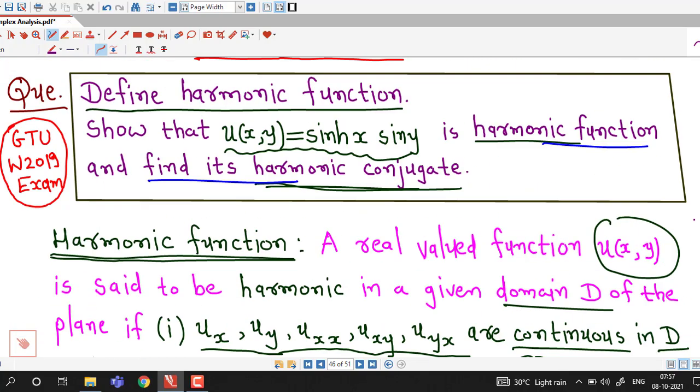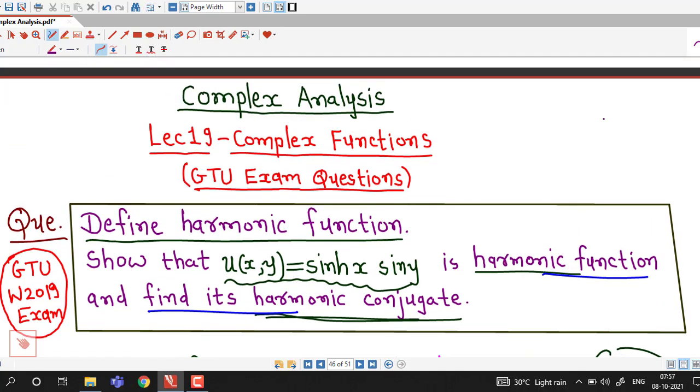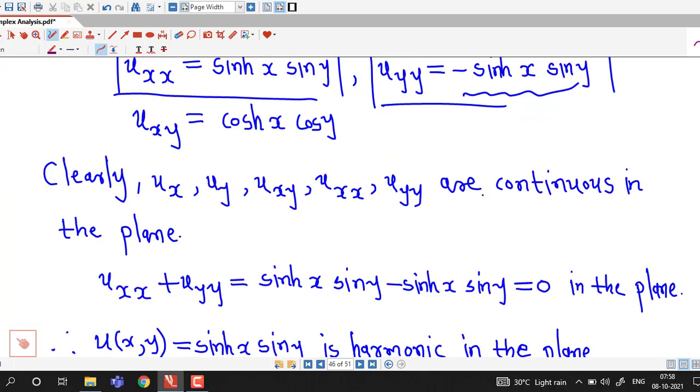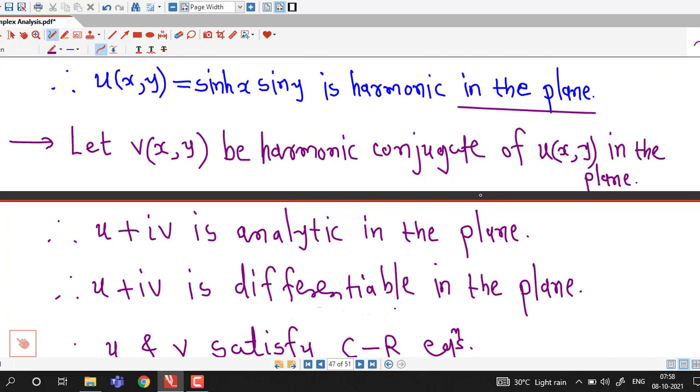We have to remember the definition of harmonic conjugate: if u plus iv is analytic, then this v is called the harmonic conjugate of u. Suppose we want to find the harmonic conjugate of any function, then we first assume that v is the harmonic conjugate of the given function. Then by definition, u plus iv must be analytic in the complex plane or whatever domain is there.